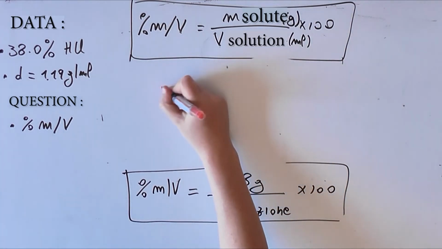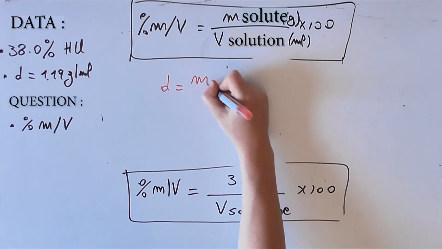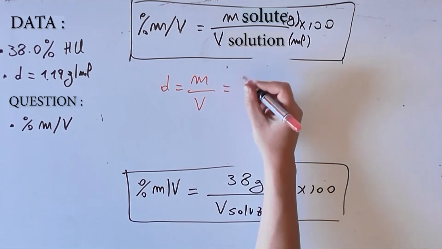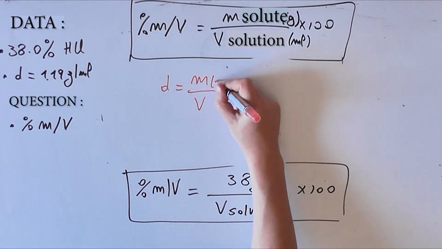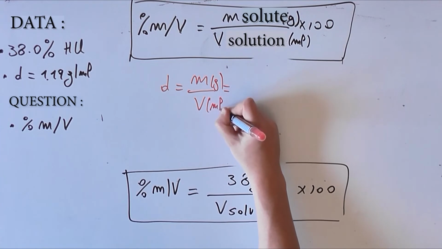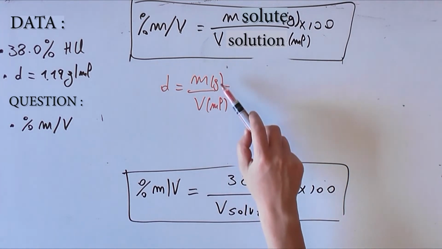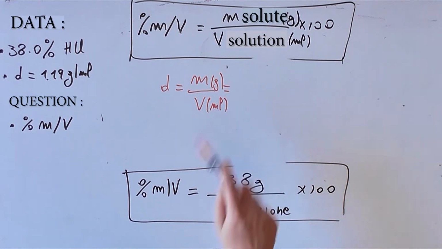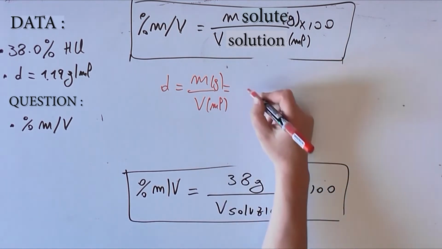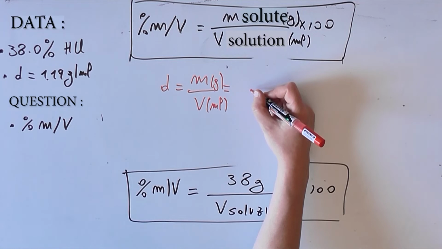When we deal with density, density is always mass divided by volume. As units we have grams and milliliters, or the same can be cubic centimeters. So you can sometimes find grams and cubic centimeters, but it's the same. This is the density of the solution.